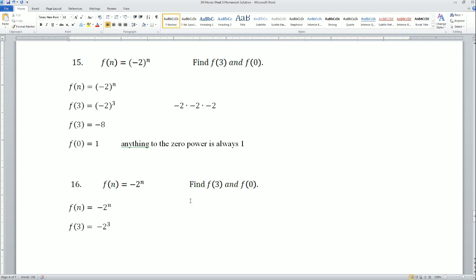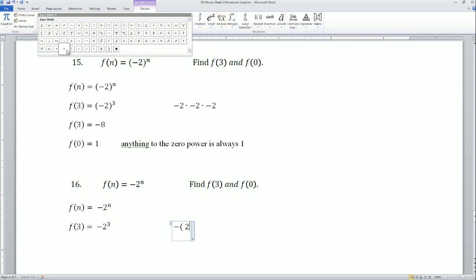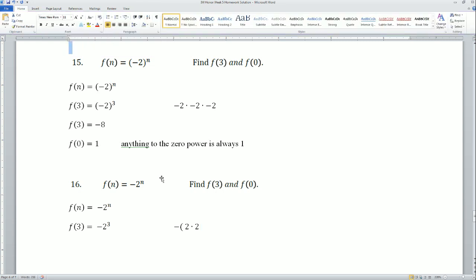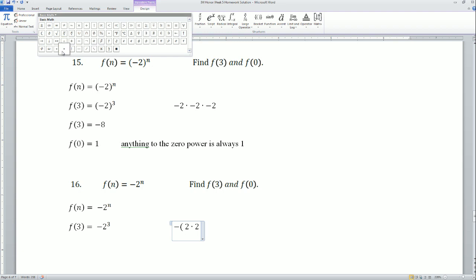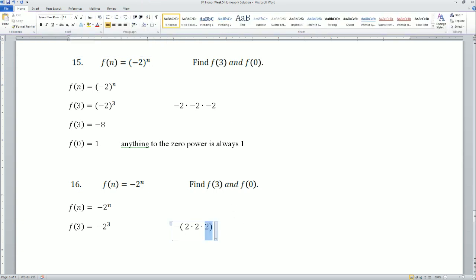There's a difference. This means negative, parentheses, 2 times 2 times 2, close the parentheses. That's what this means, which is completely different from this.